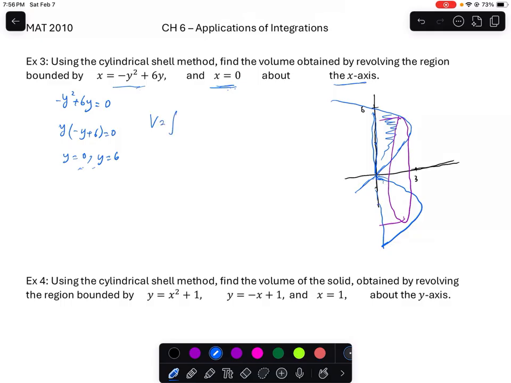integral from 0 to 6, 2 pi, and remember the radius is y, that will just remain y, times the height. So remember the height of the cylinder is the function, so negative y square plus 6y dy.